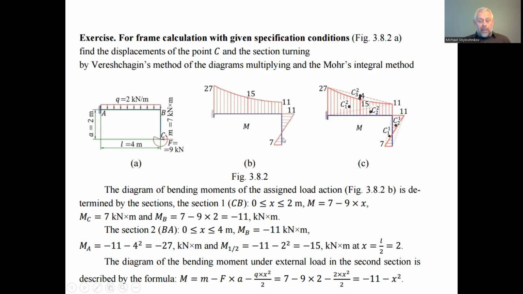The predominant action here is the moment of the force F, rotated clockwise. The same, the distributed load rotates clockwise around the point A. So the moment of the distributed force relative to the point A has the same sign as that of the force F, and another sign than that of the assigned moment.